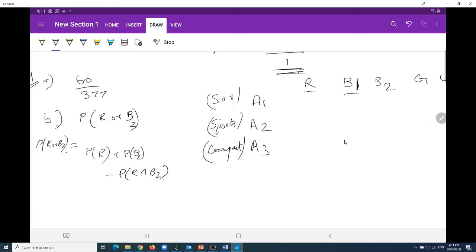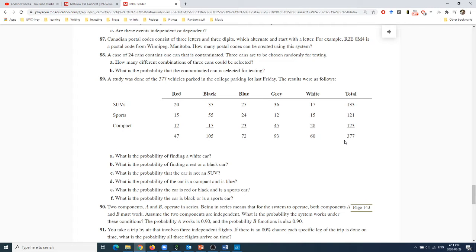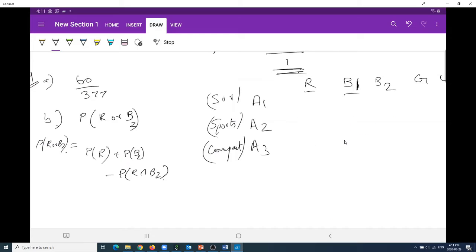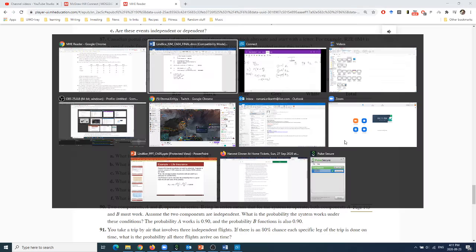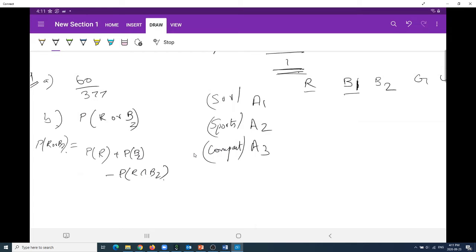But when you actually think about these two, a car cannot be red and black at the same time. So the probability of red or black, these are mutually exclusive events, because a car is not red and black at the same time.